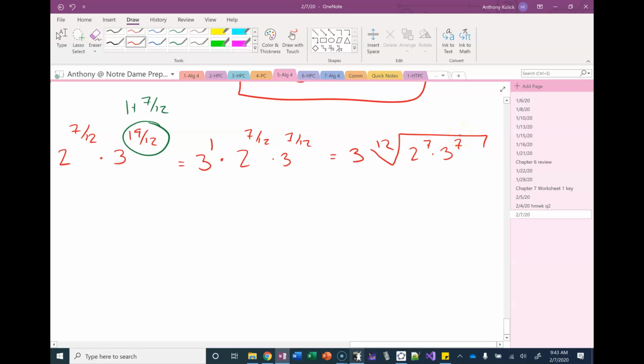And again, if you were so inclined, you could multiply 2 to the 7th times 3 to the 7th and get a number. It's going to be a big, long number, though. I'm not really interested. I will leave it in that form. And that's perfectly fine for you guys to do for me as well on homeworks or tests. Okay? You don't need to multiply those gigantic numbers out. Everybody's okay there?